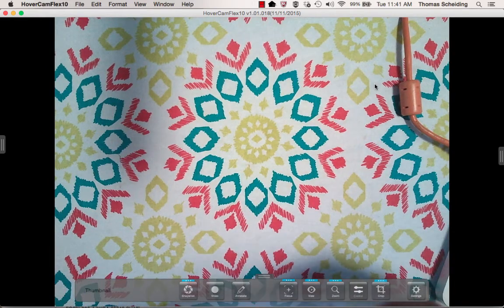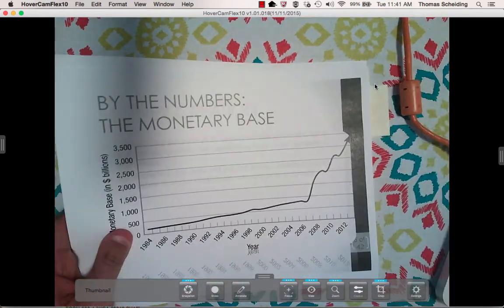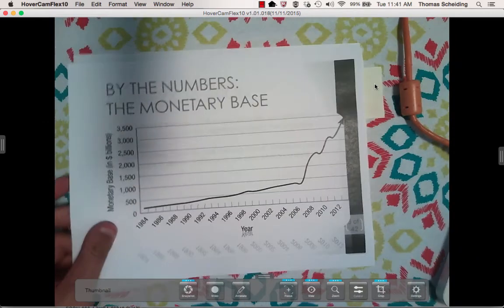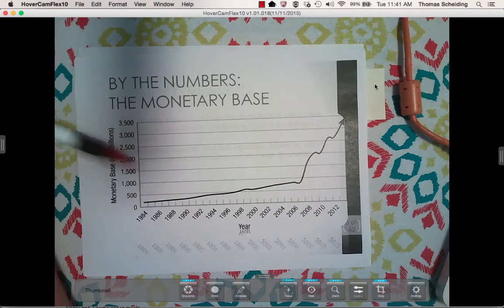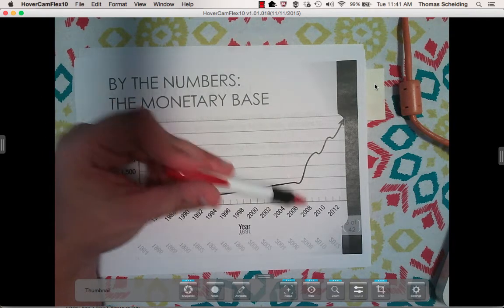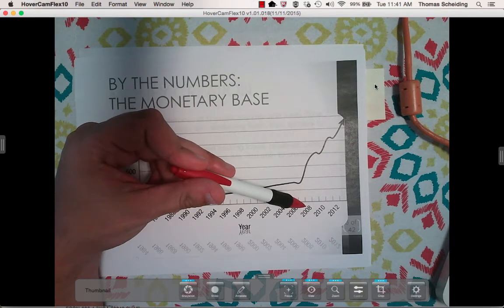Okay, so if the central bank in the economy is in charge of making the money, this is what we see here: the money supply itself, or the monetary base, has grown significantly since the 2008-2009 crisis.